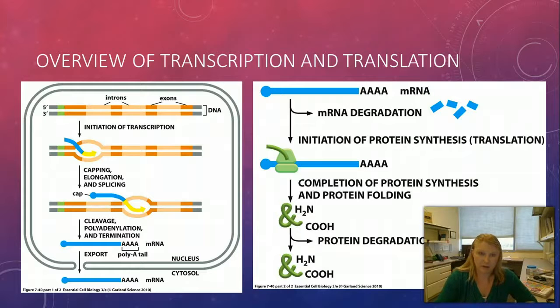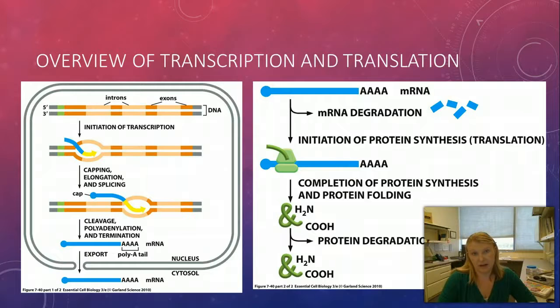And as it is exported, it's checked on. Remember, it's a selectively permeable membrane in these nuclear pores. Then once we're out in the cytoplasm, the mRNA can either be degraded if it needs to be, or the initiation of protein synthesis will occur. This is where the small subunit of the ribosome will bind with an initiation tRNA, that MET.